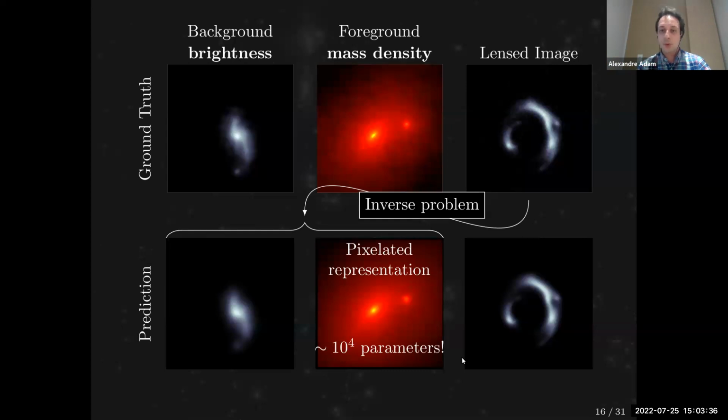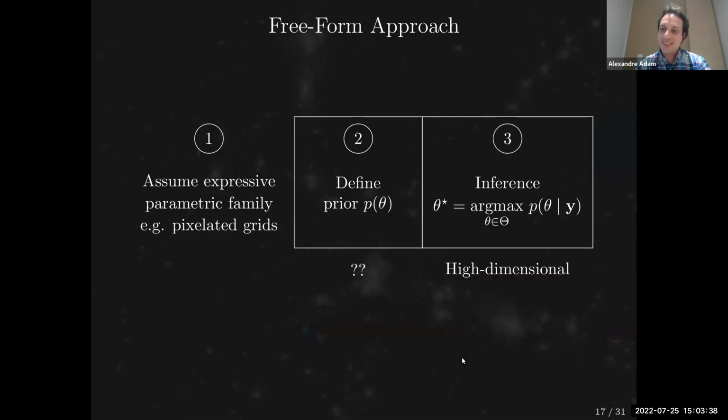But this is a mess, because now we have a very degenerate, under-constrained problem. We have many more parameters than we have data. So this is high dimensional, and we need to define very good priors over these images. This is very hard. No simple two-point function is going to work. We need priors that encapsulate information about higher-order terms.